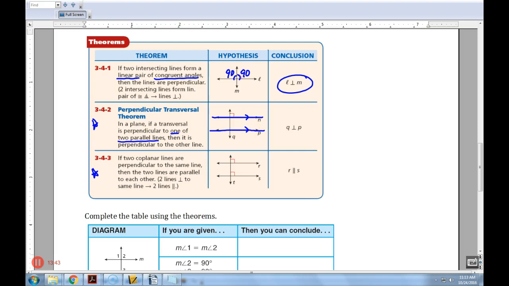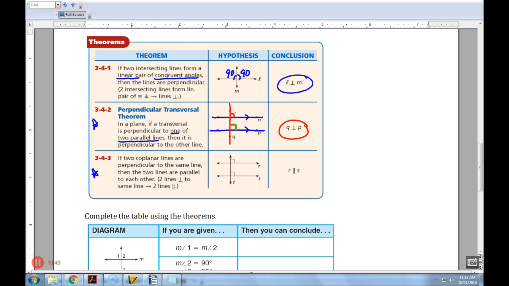And then this line Q comes running through, and somehow I'm given, or I can prove, that it's perpendicular to this line. What I can then conclude from the theorem is that it must be perpendicular to the other line, because there's no way for it to change course. Basically, because of parallel lines, all corresponding angles have to be the same. So all those 90s up above have to be 90 down below.